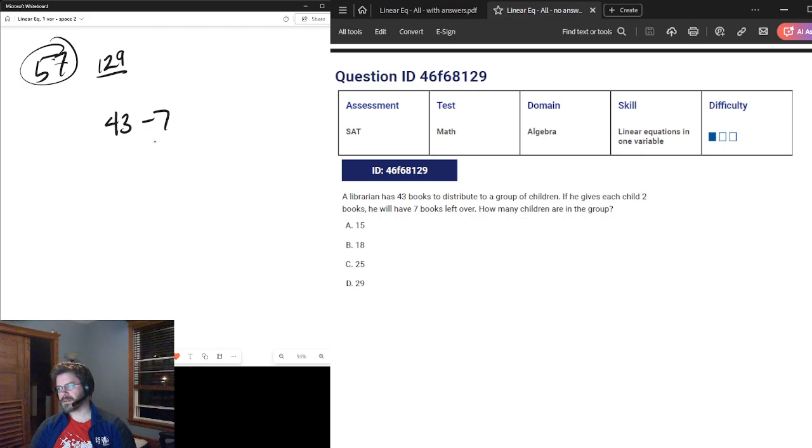How many children are in the group? Divided by 2. Yeah, I think that's what I'm going to do. 43 minus 7 divided by 2. Where that comes from. So if I take the population of kids, divide it into groups of 2 and add 7 to it. Is that right?